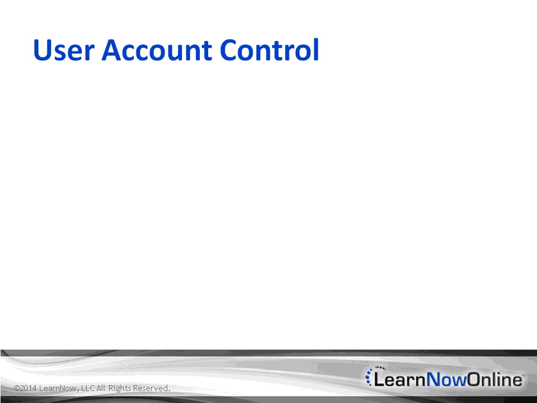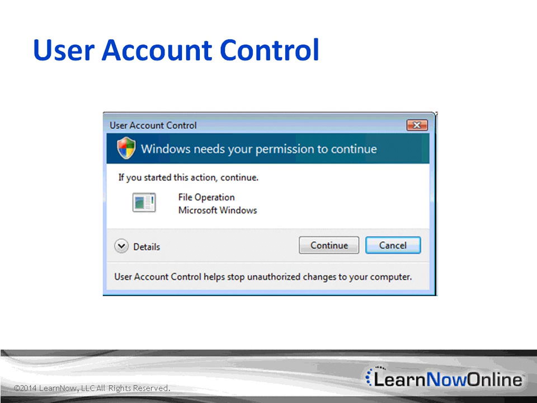In Windows 7, you can, on each individual machine or by group policy, change how strict the user account control is. And basically, you're going to get one of a couple of different screens when the user account control shows up. If you are an administrator or you're a member of the administrator's group, but you're not the administrator, this is the screen you'll get.